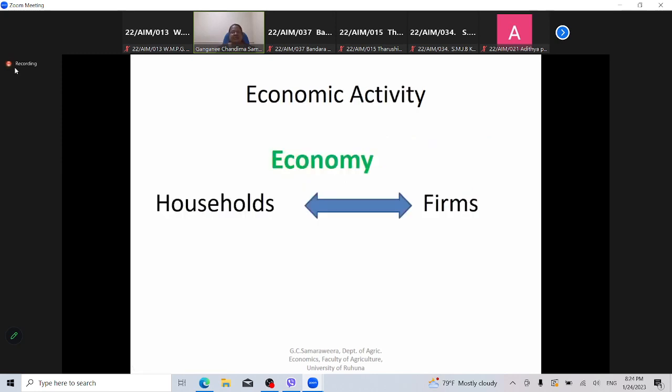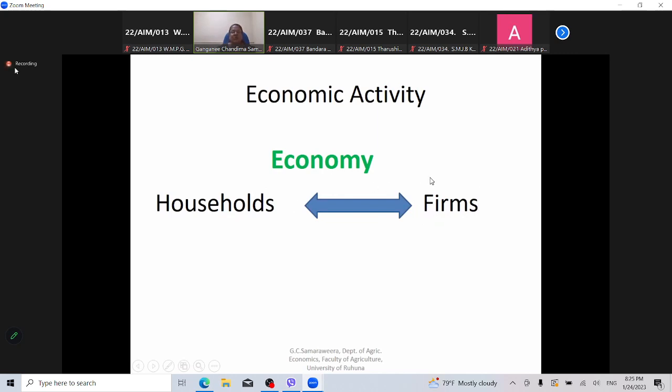You can see here households and firms are there. This geographic location we can call the economy. So economic activities are carried out by households with the firms.